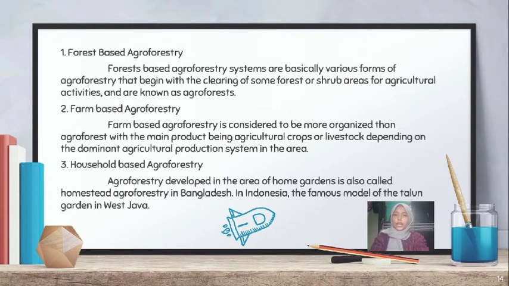This condition can occur because in the past several families lived together in a long house, referred to as Lamin (Sarjono, 1990). In various areas in Indonesia, fruit trees are usually planted with food crops.